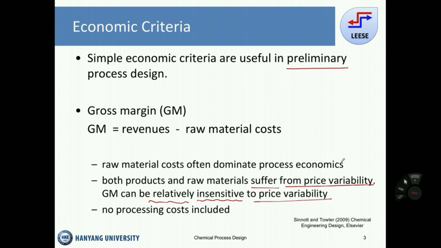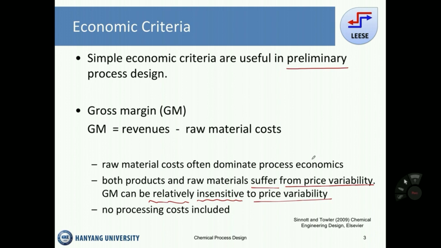So it is relatively insensitive. Think about your crude oil product. If the purchasing cost of crude oil is increased, the price of the end product of the refinery is going to be increased. So of course, the price is going to change, but the relative difference is probably proportional.